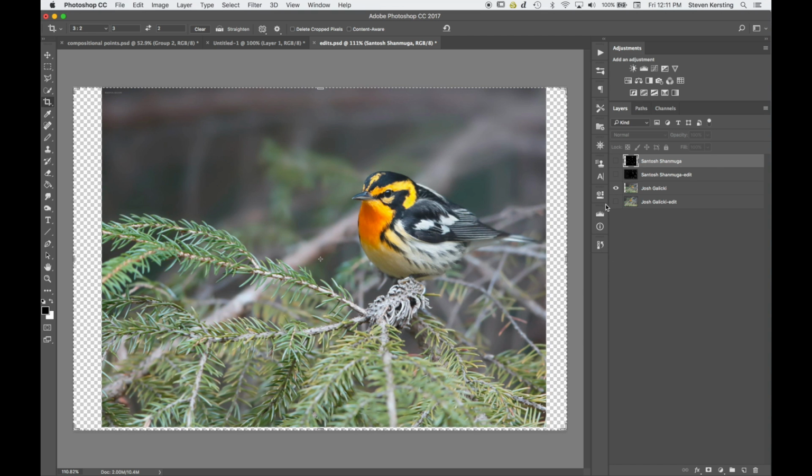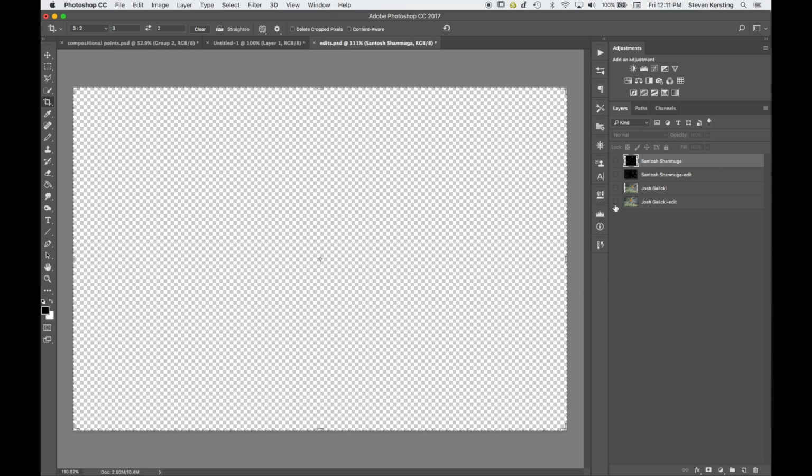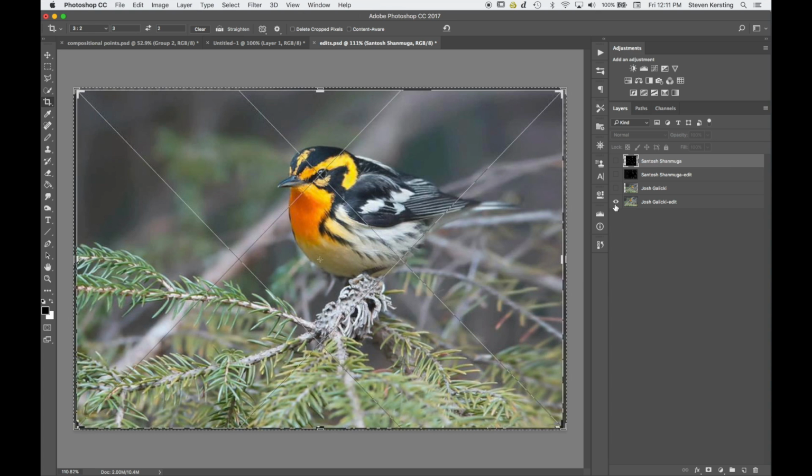So in this case, what I did was I applied the diagonal method. I rotated the image so that this background line created a diagonal leading up to the eye, which is on two of these lines of importance.